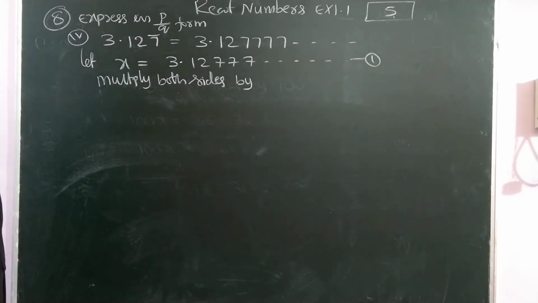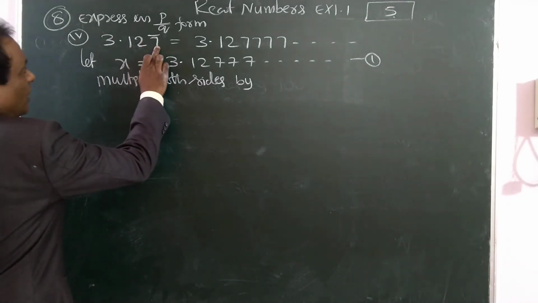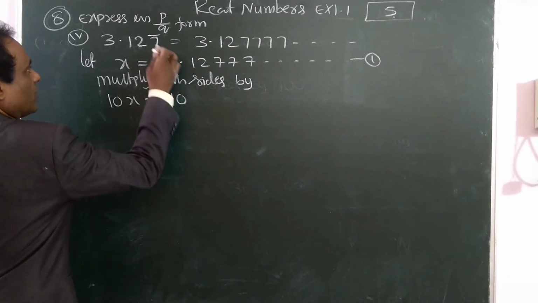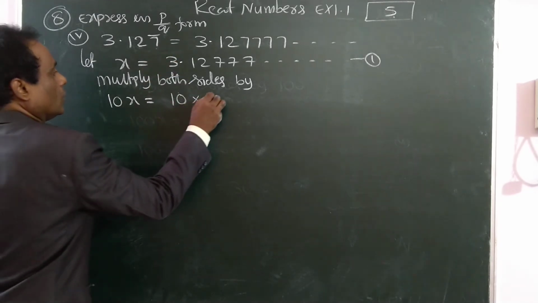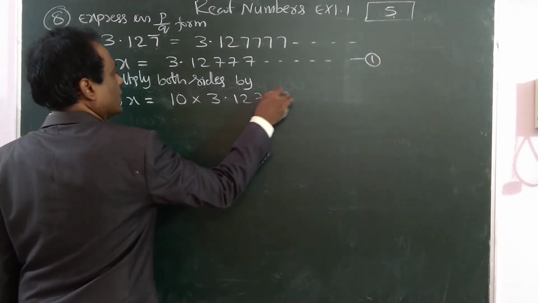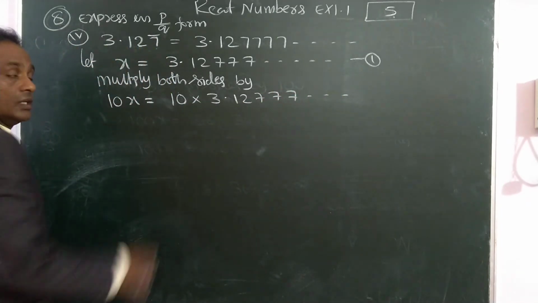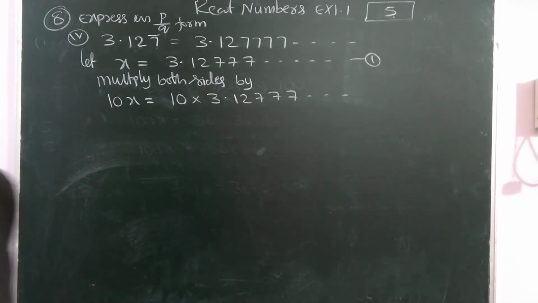Multiply both sides with 10, because the bar is for one digit, so multiply with 10 only. 3.12777 and so on, multiply both sides with 10.